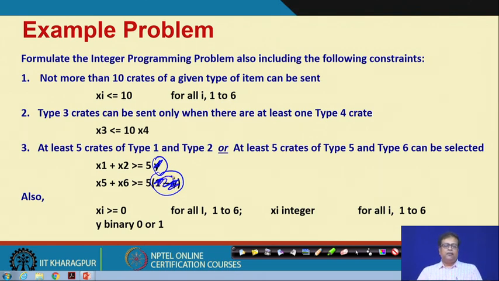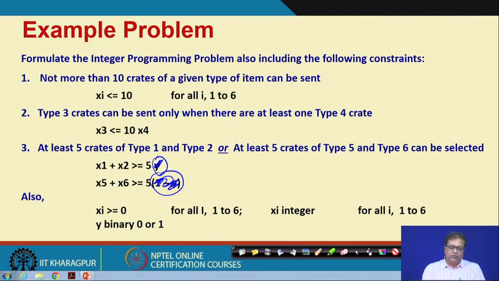So, what would be then, that at least 5 crates of type 1 and type 2, that means x1 plus x2 should be greater than or equal to 5, and at least 5 crates of type 5 and type 6, it is x5 plus x6 greater than or equal to 5, right. So, these constraints are satisfied, but then if you satisfy the first one, then it is not required for the second one, or if you satisfy the second one, it is not required for the first one.